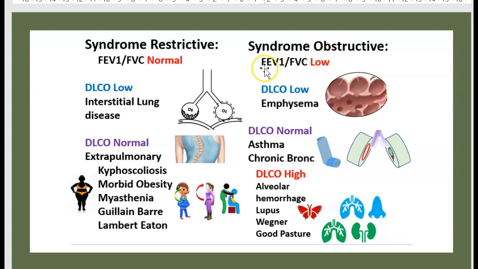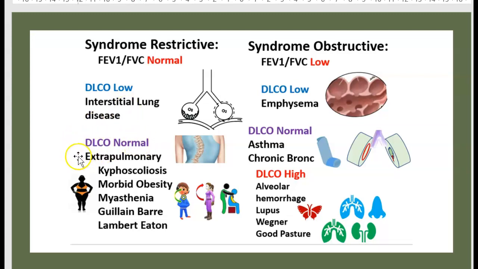Regarding obstructive disease, if FEV1 over FVC is low and DLCO is low, it's emphysema. If FEV1 over FVC is normal and DLCO is low, it's interstitial lung disease.